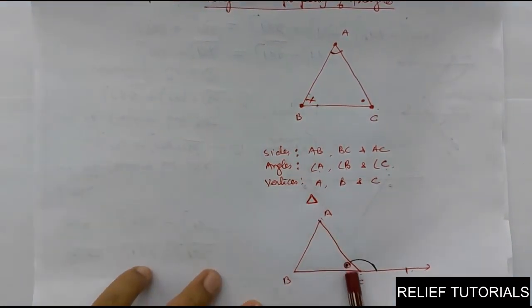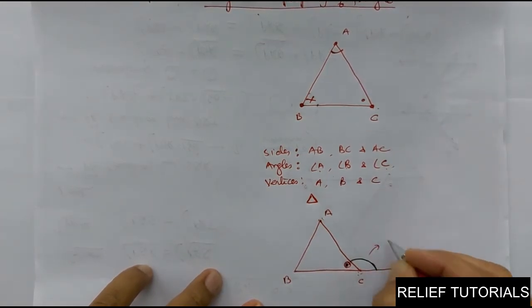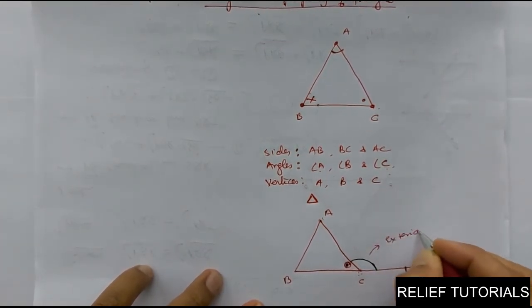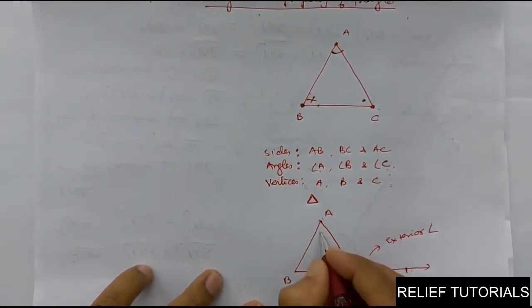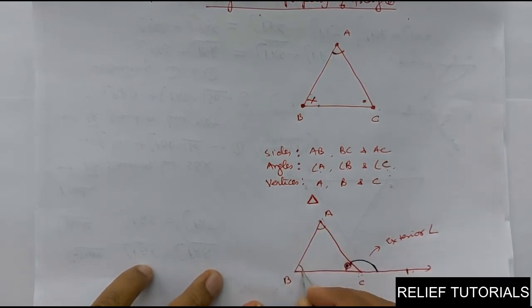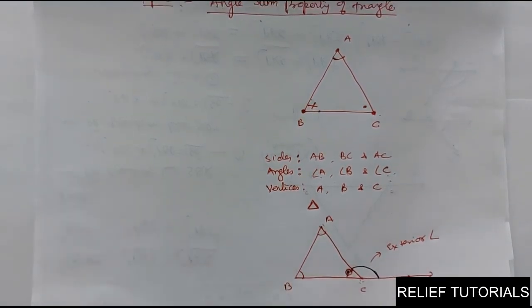Now see here, ACD is the exterior angle, it forms a linear pair with C. So the remaining two angles, that is angle A and angle B, these two angles are its interior opposite angles.